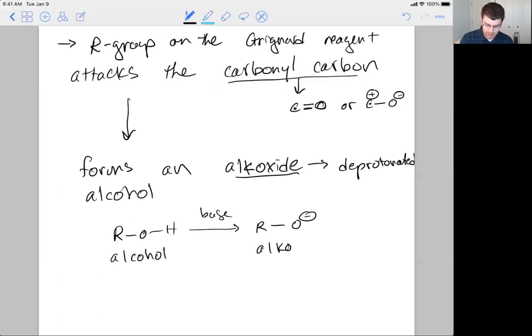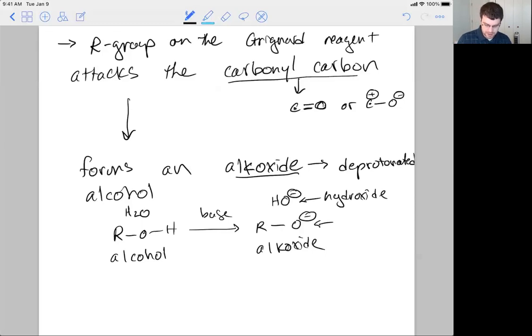And that's an alkoxide. That nomenclature is similar to hydroxide. If we have H2O, which is water, we could form HO minus after reacting with a base, and this is hydroxide. So alkoxides are versions of hydroxide for alcohols. They've lost the hydrogen by an acid-base reaction to give an O minus.